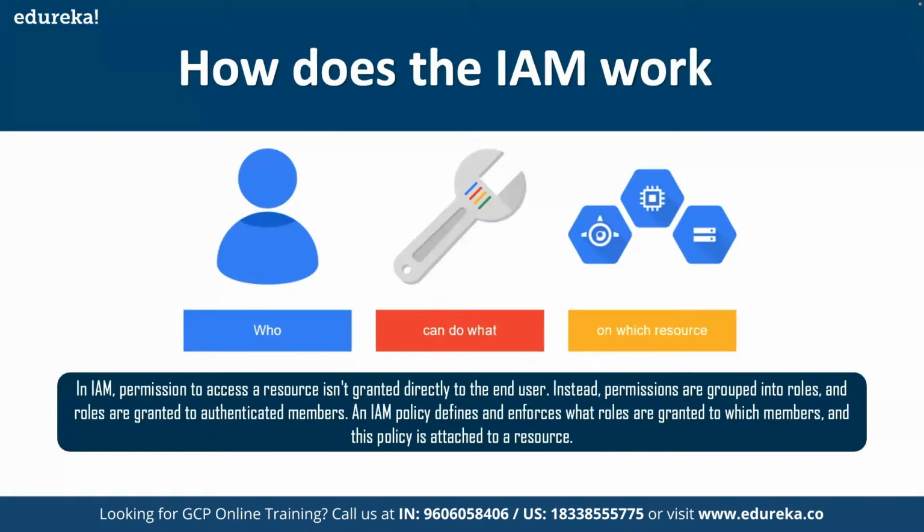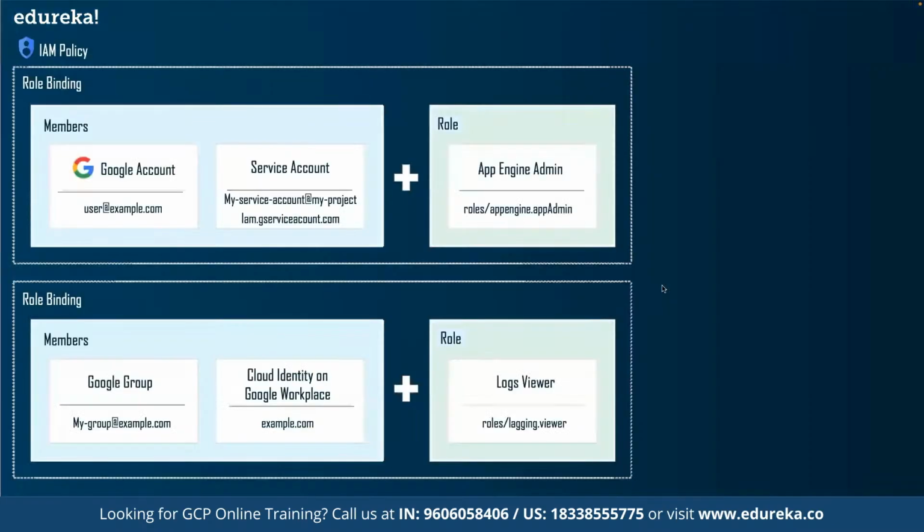Now here in IAM, the permission to access a resource is not granted directly to the end user. Instead, the permissions are actually grouped in the format of roles, and the roles are actually granted to the authenticated principals. So previously, IAM often referred to principals as members, and some APIs might still refer to them. But remember, it is granted to the authenticated principals with the latest version of GCP.